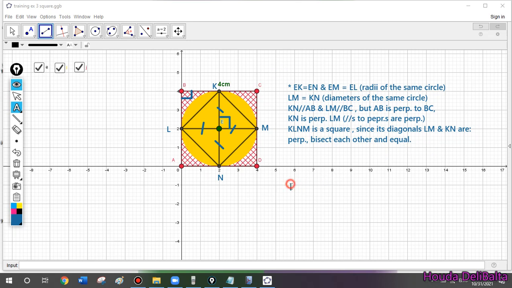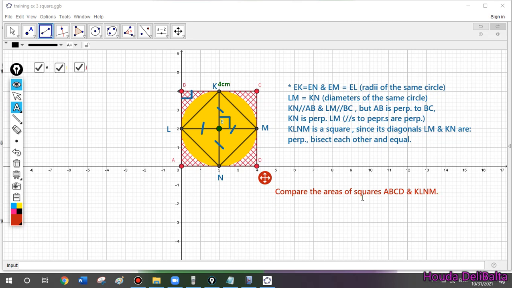Now let's talk a little bit about the area. Let's make a little revision, a final revision for the area. I need to compare the areas of the squares ABCD and KLNM.